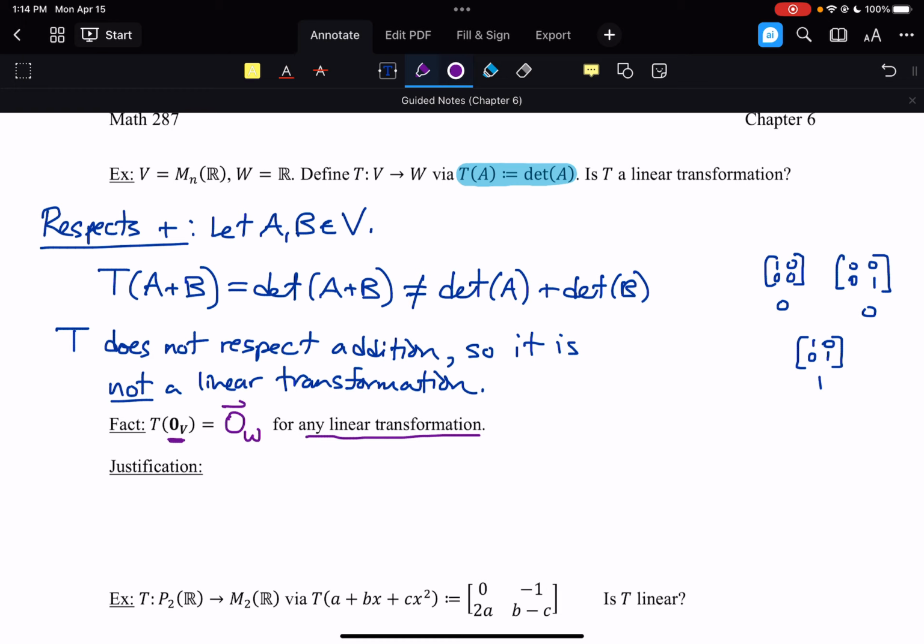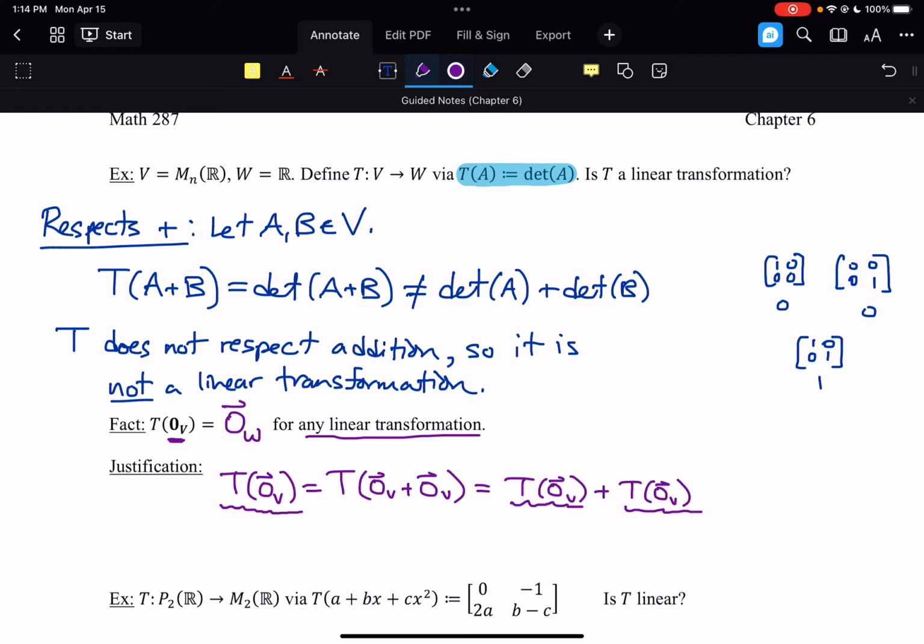The justification for this: if the transformation is linear, then the 0 vector, we could go ahead and split into 2 copies of itself, because 0 plus 0 is 0. Because the transformation is linear, we can split this across the sum. So we have transformation of 0 equals transformation of 0 plus transformation of 0.